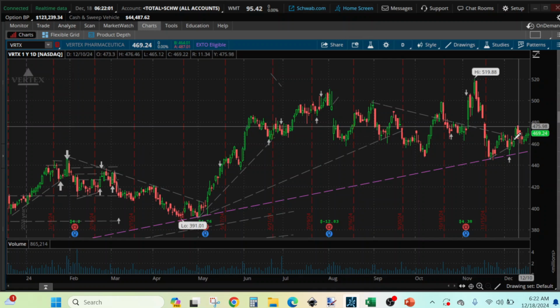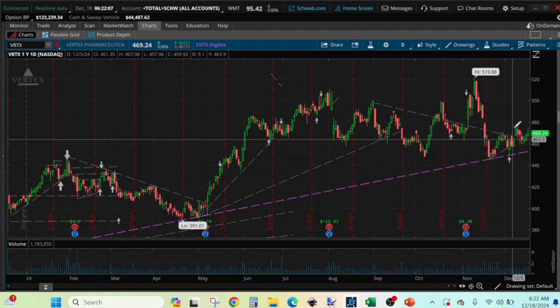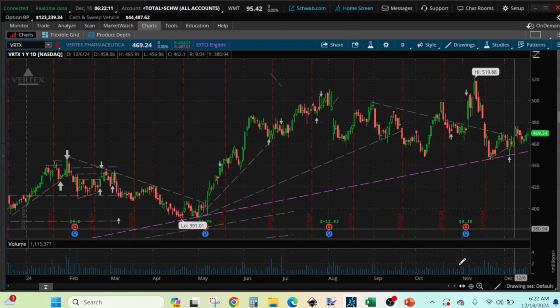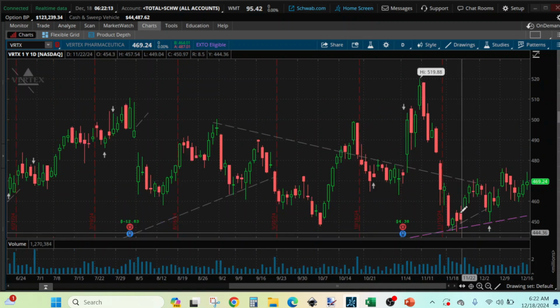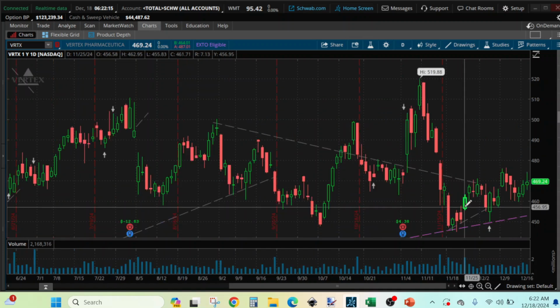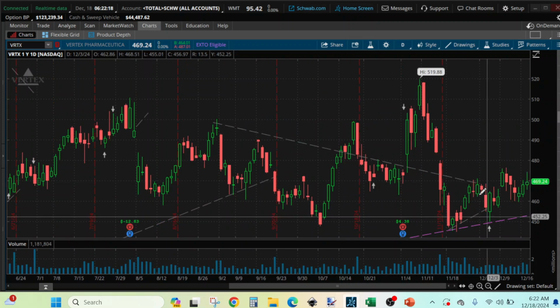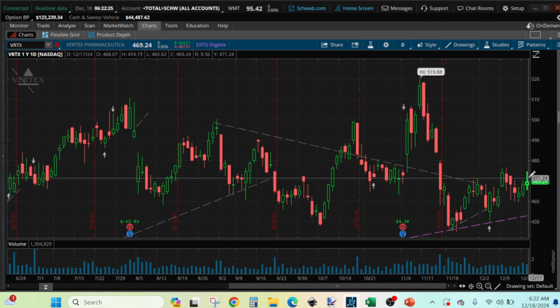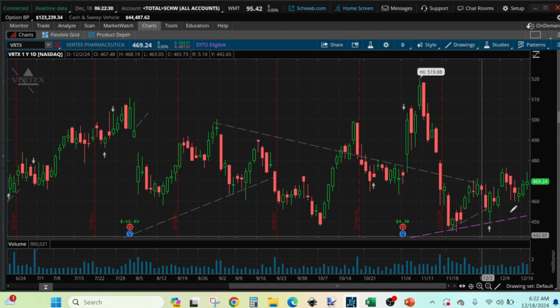Buying it at the first green bar here and selling it there. You pull back, buy it at the first green bar and sell it there. Yesterday, for instance. So I could use our short-term trading strategy and trade it. I just don't want to do that.